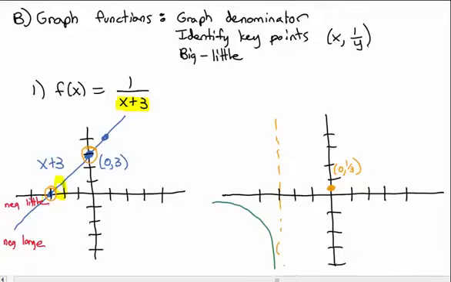Notice we start close to the 0, so we should start far from the vertical asymptote. We end far from the x-axis, so we should end close to the x-axis, going through our key point.